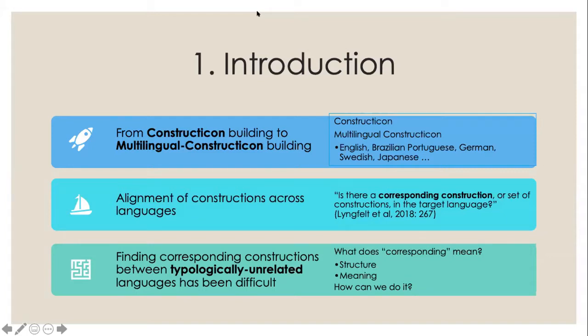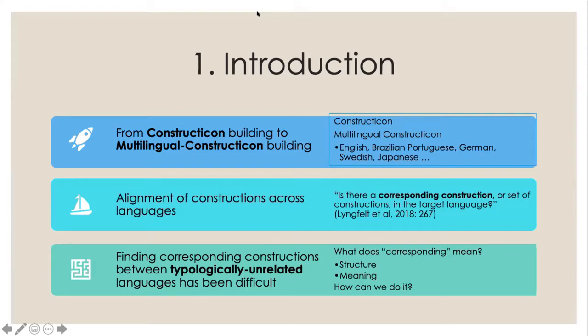However, unfortunately, in the case of typologically unrelated languages, such as between Japanese and English, identifying corresponding constructions is quite difficult. For example, what does corresponding mean in terms of structure or in terms of meaning, and what method to adopt for doing the comparison?